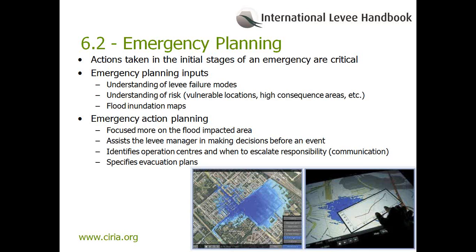Section 6.2 presents the actions necessary to be undertaken prior to a flood event. The section describes details on required inputs to support emergency action planning, including understanding of levee failure mechanisms and the elements that drive the associated risks to assist levee managers in their decision-making prior and during a flood event.